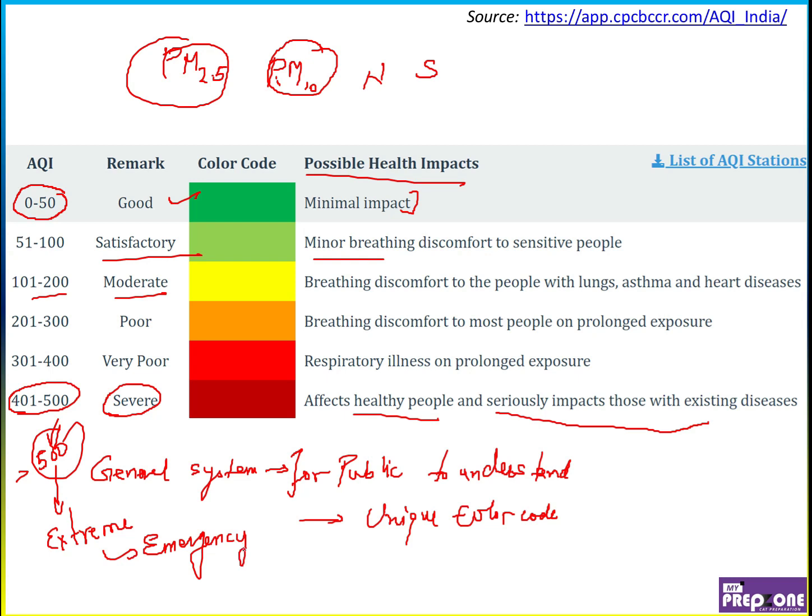It does not necessarily mean that somebody has to wait till the AQI crosses 500, but when an emergency is felt, then GARP is applied. What that is, we'll talk about it.